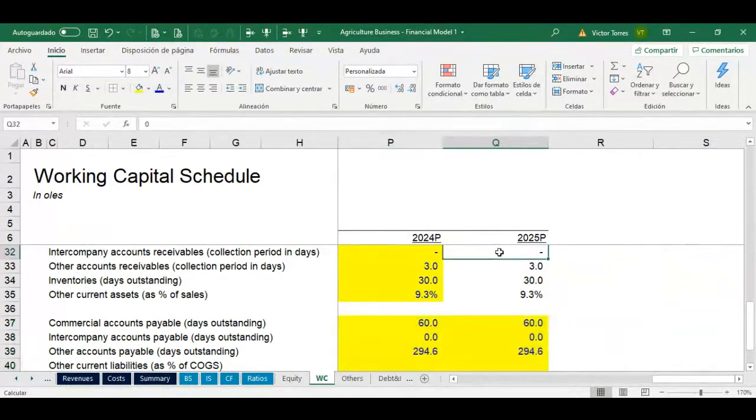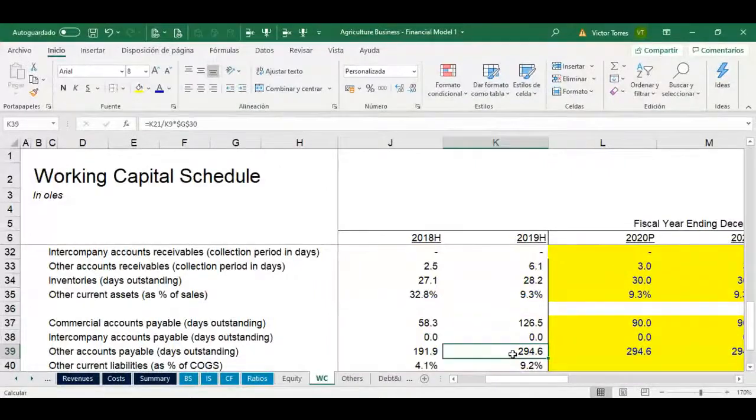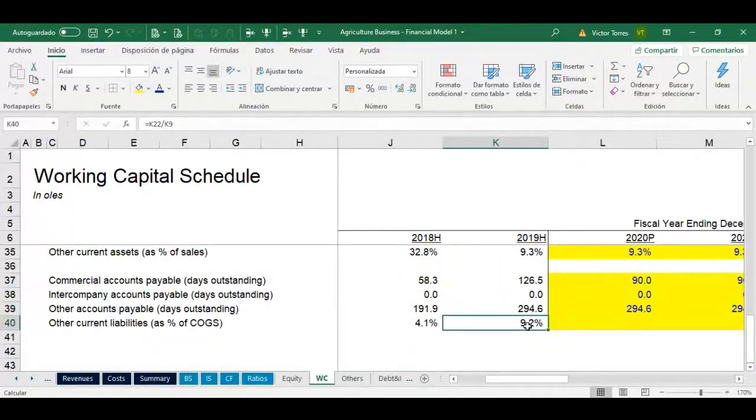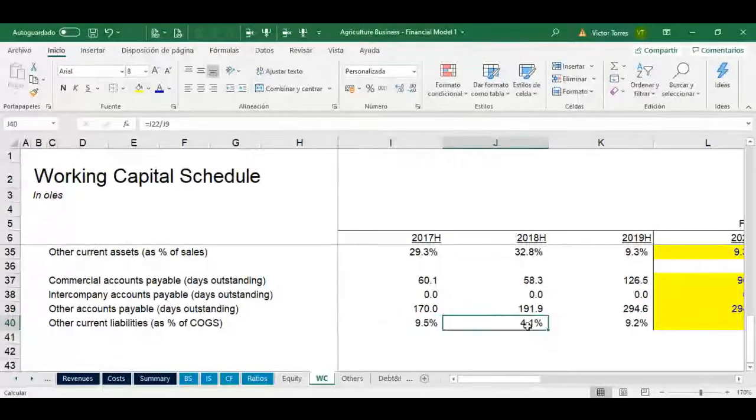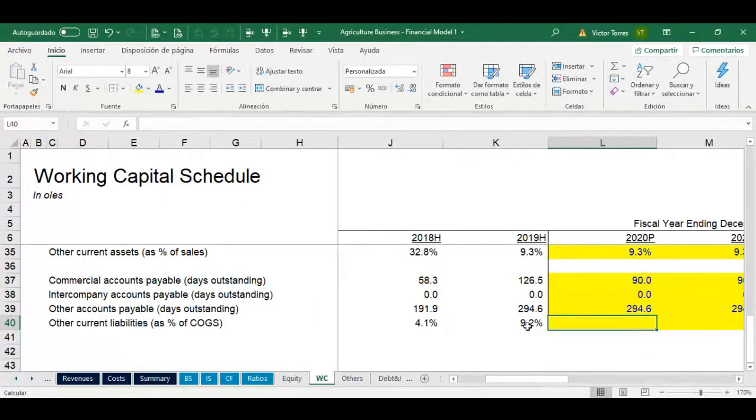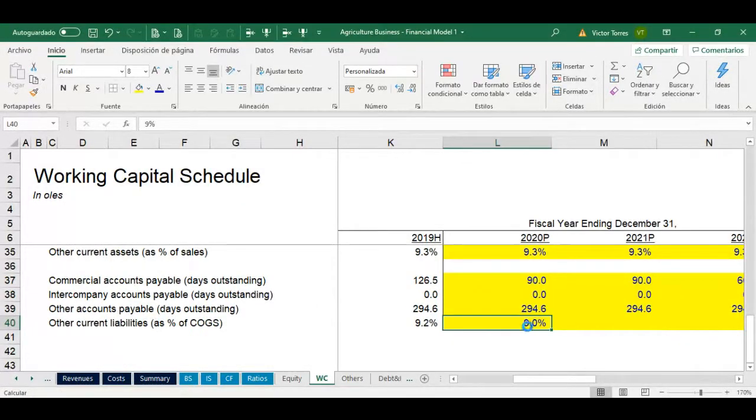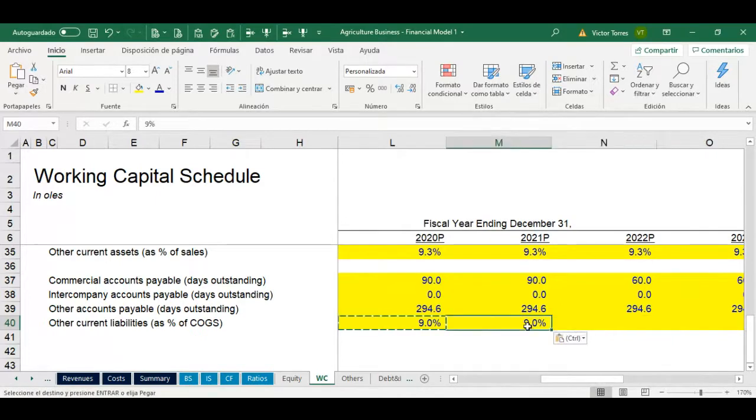Just highlight this a little bit. Okay, everybody gets the idea. So once again, we are calculating other current liabilities as a percentage of cost of goods sold, and in the past, it has been 9.549. It was assumed to be 9%, and that's a sensitive number.